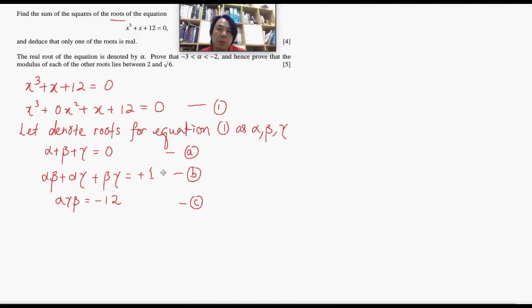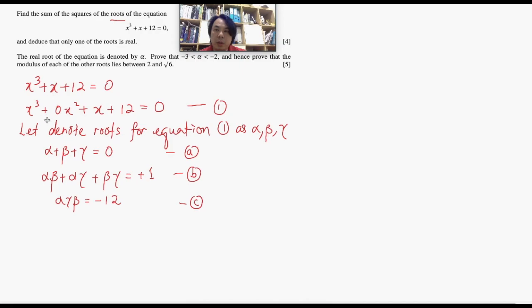So now these are all the known properties of polynomials. Other than that, we can also deduce an extra property, which is intrinsic to this equation here.